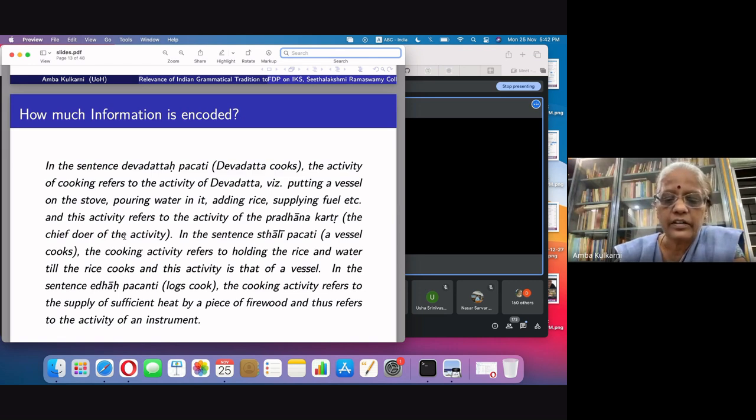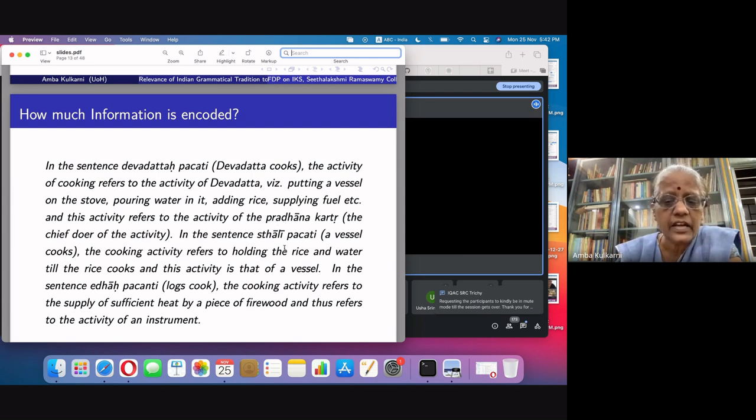So what is said in the tradition is, in the sentence Devadatta pachati, Devadatta cooks, the activity of cooking refers to the activity of Devadatta, namely putting a vessel on the stove, pouring water in it, adding rice, supplying fuel, and so on. And this activity refers to the activity of the chief doer, okay, pradhanakarta.